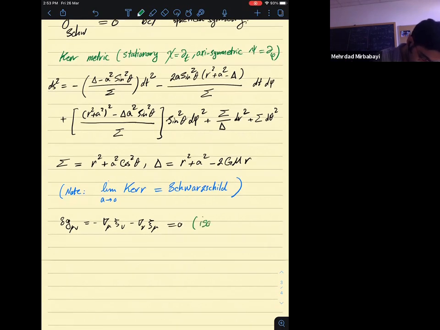This is called isometry. And the one important point from isometry is the fact that they give us conservation laws, right?